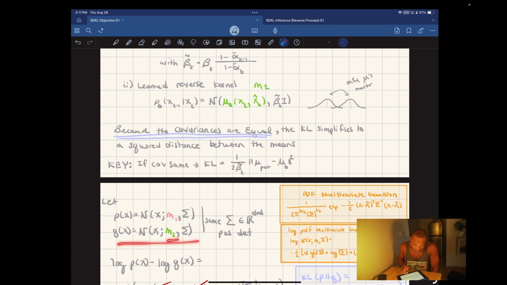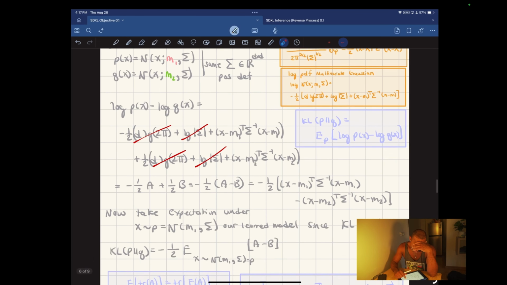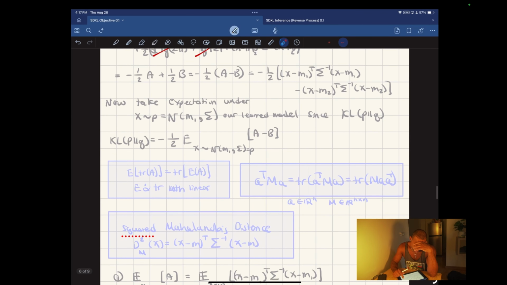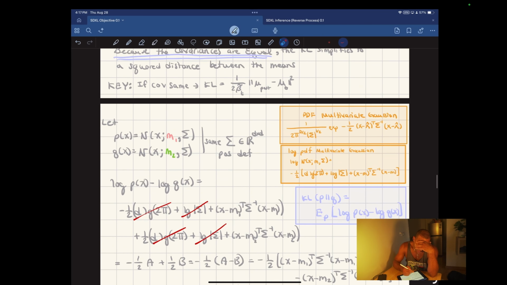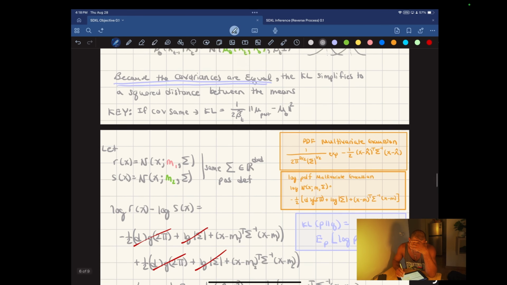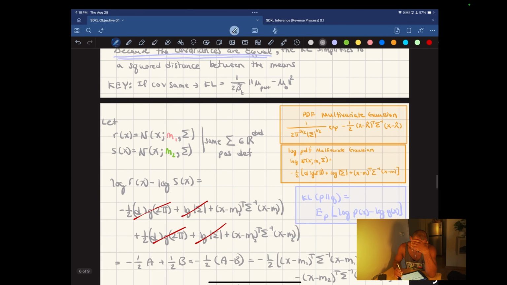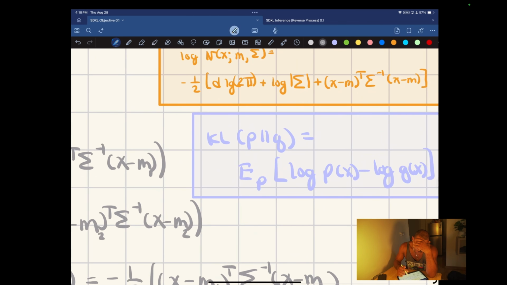Green M2 is going to be Q. And then we're going to do log P minus log Q. Actually, I'm going to change this right here. We're going to call these R and S.